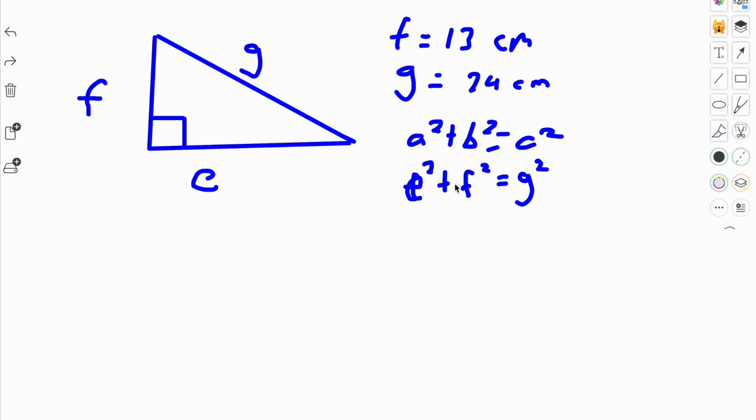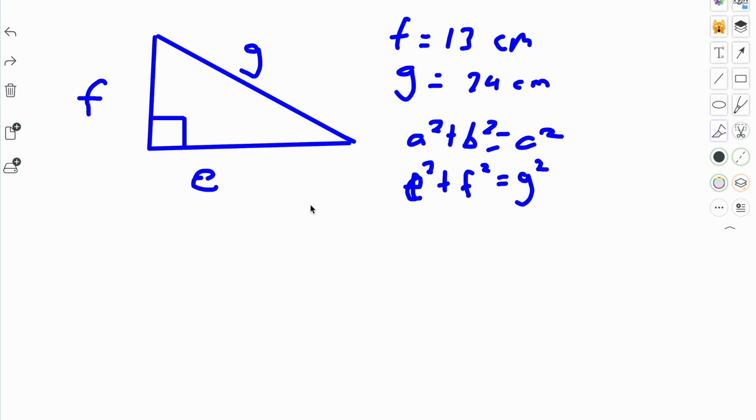You can plug in X, you can plug in Y, whatever is given to you. I'm given E, F, and G, so we can just put those in the equation, and make sure that whatever variable is on your hypotenuse side is always on the c side. So this is your base equation.